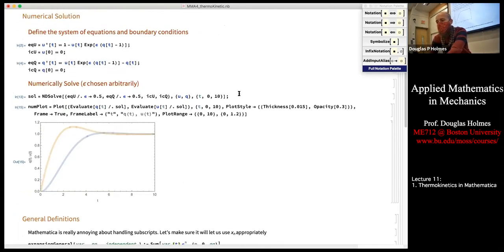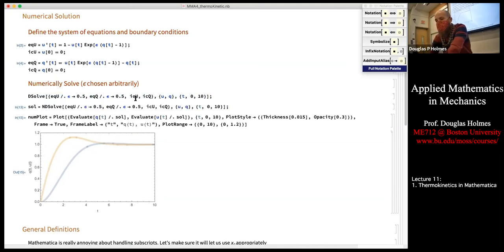This one's a trickier question to answer. And in order to answer it, I'll bring you back to the way you would solve this if we wanted to solve it analytically, which we would not need to tell it epsilon. So the notation for doing that would look a little bit like this.